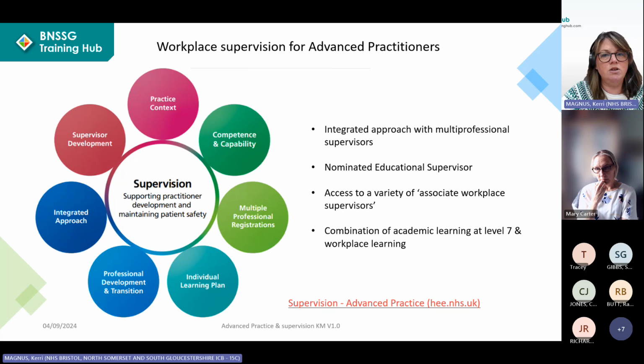Ideally, you need a combination of academic learning at level 7, which is master's level, and evidence of workplace learning. Now, we know everyone is at a different point in their journey, and I'm more than happy to talk about your individual journeys separately outside of this discussion.